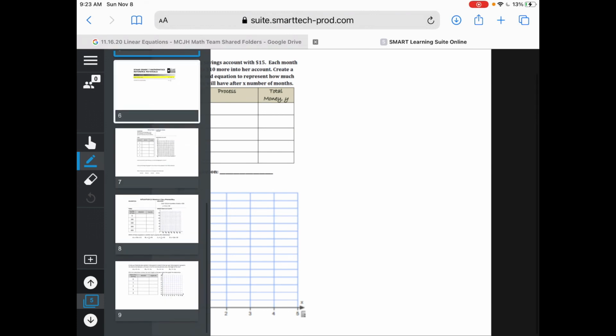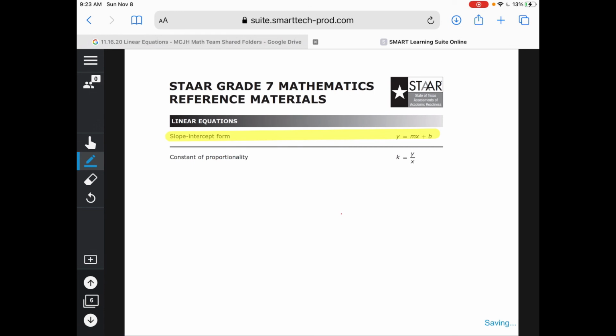All right, Gators. Remember, if you wanted to look up, what is this called? It's called slope-intercept form, and it's going to be on your 7th grade math reference sheet. We use this as y equals mx plus b. So our m in this case was our $2.